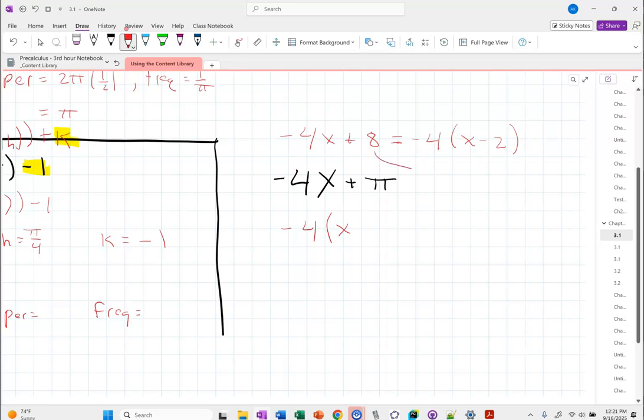How did the 8 turn into a negative 2? What did you do to turn 8 into negative 2? Divided by negative 4, right? So what am I going to do to turn this pi into this number here? You would divide by negative 4, which makes it negative, because it was positive, pi divided by 4.